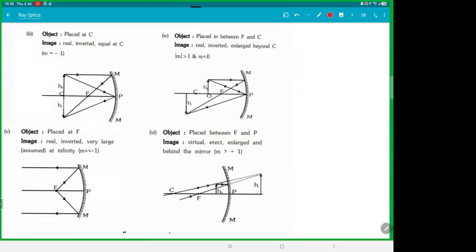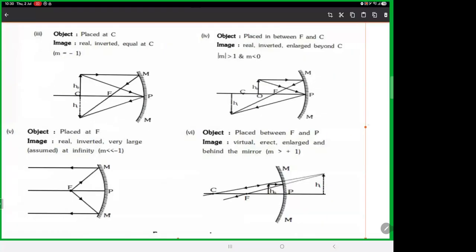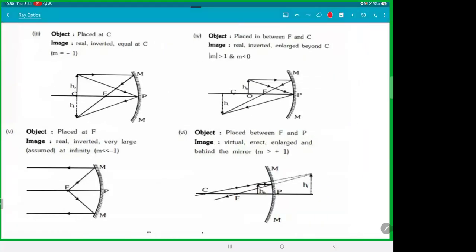Have a look at this. So the object is at center. So image will form at the center, real and inverted. So these properties are important, how it looks. Object is between focus and the center, real, inverted, and enlarged beyond center.